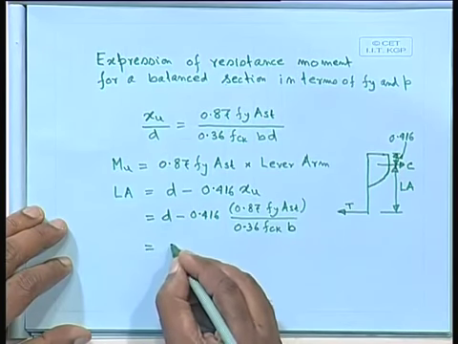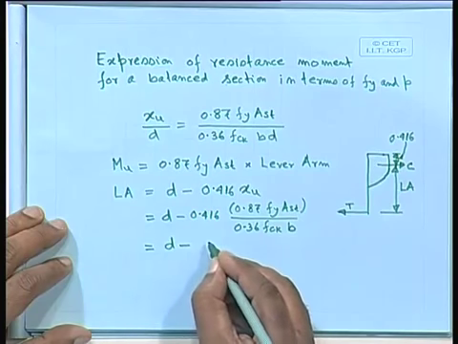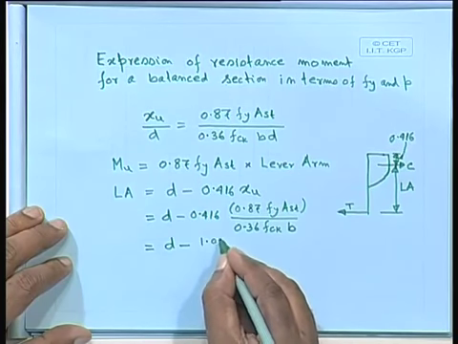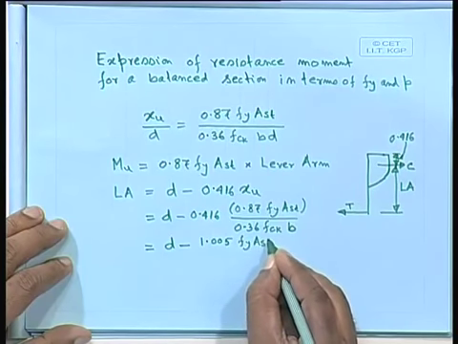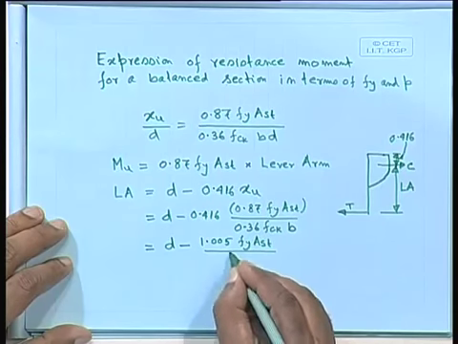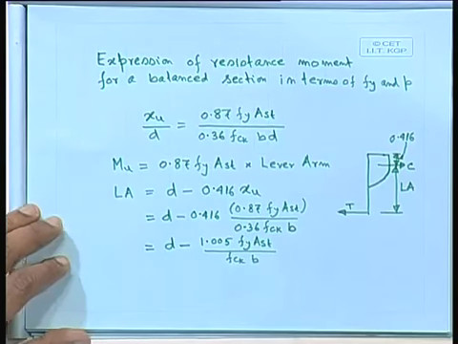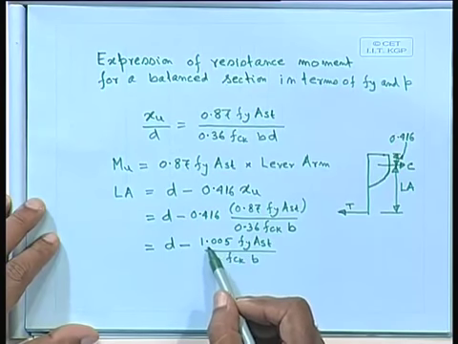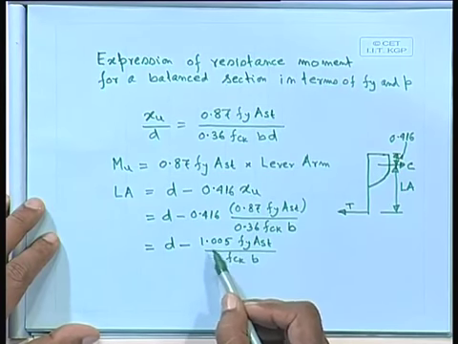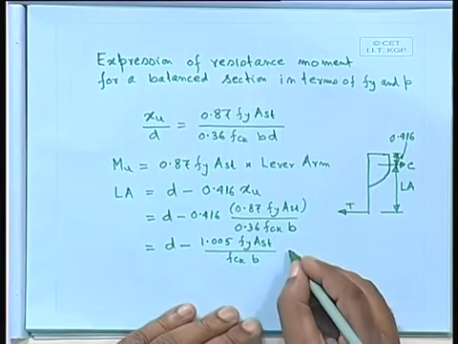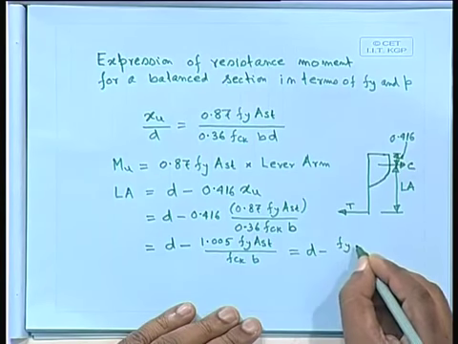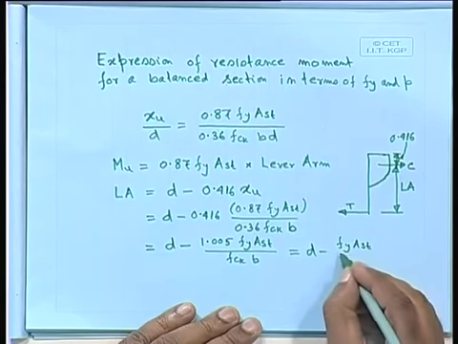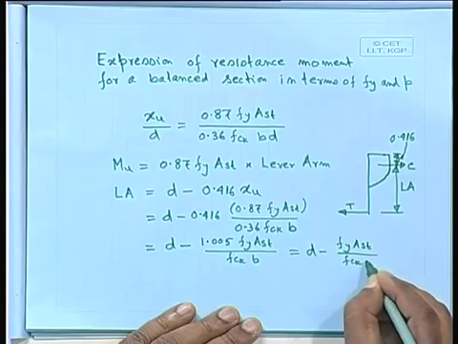We can write it as d minus 1.005 times fy Ast divided by fck b. Instead of going to that precision 1.005, we can simply take it as just 1. In other way, we can write this one as d minus fy Ast by fck times b.